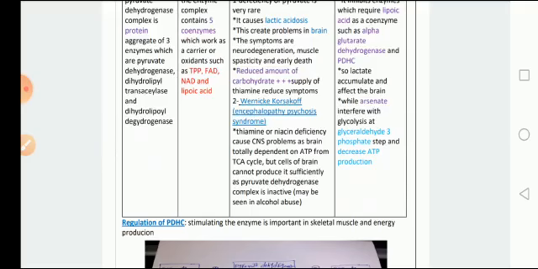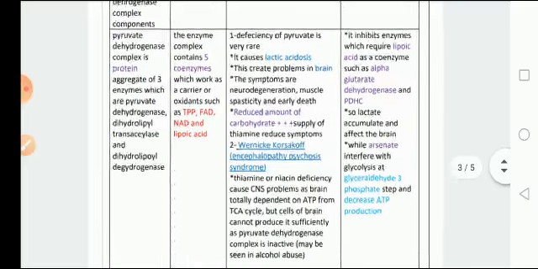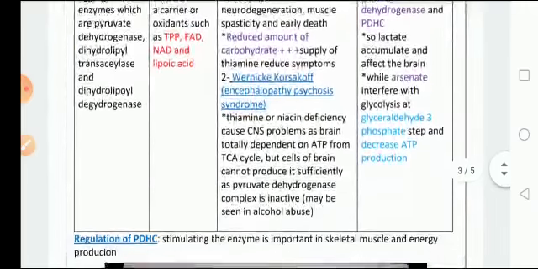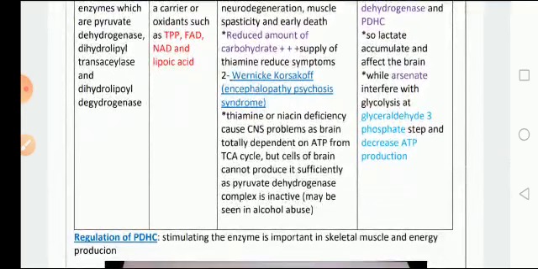As I mentioned before, thiamine is very important for the first enzyme of the three enzymes found here in the complex. Any deficiency in thiamine causes central nervous system problems, because our brain actually is totally dependent on ATP produced by the TCA cycle.